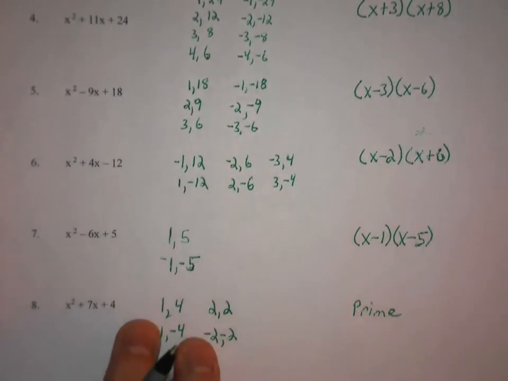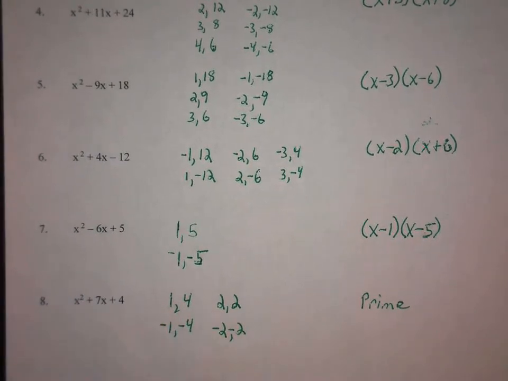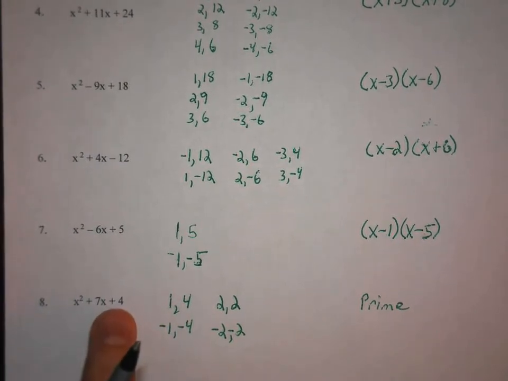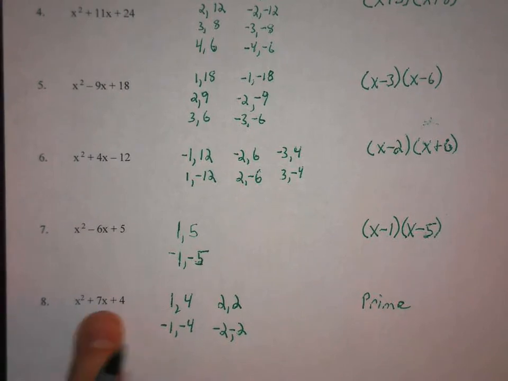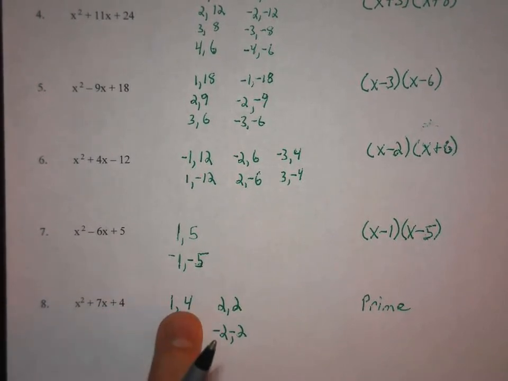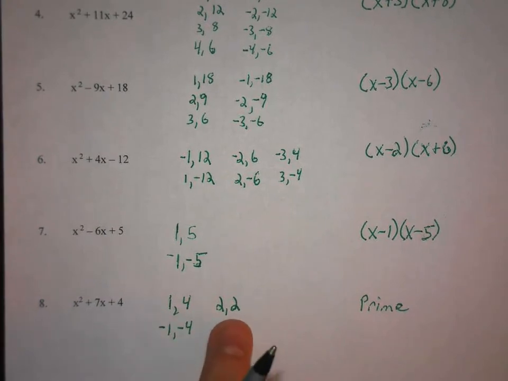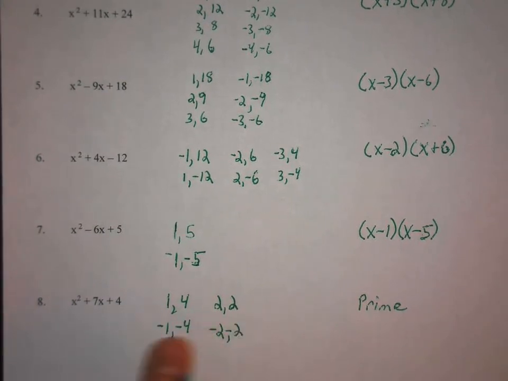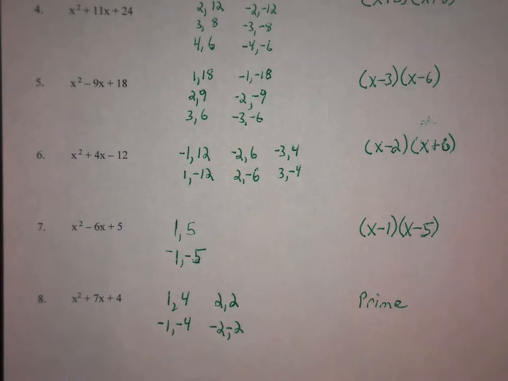And then on the very last one, notice that there is nothing that multiplies to 4 and adds to 7. The best we could do is 1 and 4 gives us 5. 2 and 2 will add to positive 4. And then the negatives don't add to positive 7 either. So what we do there is we call that polynomial prime, meaning that we can't factor it over the real numbers.